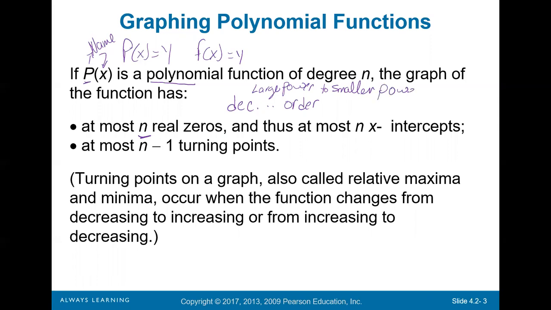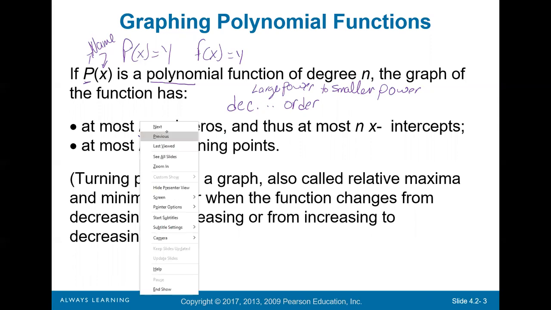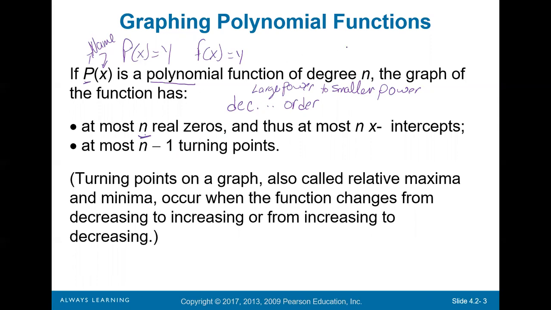Okay, let's talk about that. It's saying that at most we should have real zeros as many as the number of n we have. So the n is representing the leading degree. It's saying that we should at most have about that many x-intercepts. Doesn't always mean we will. It says at most we will have n minus 1 turning points.